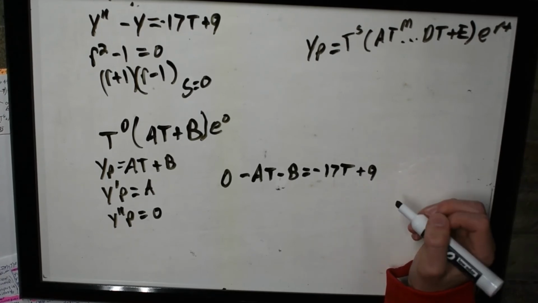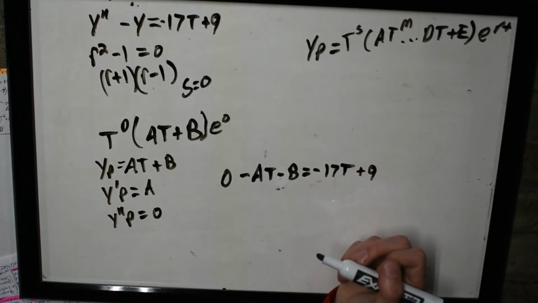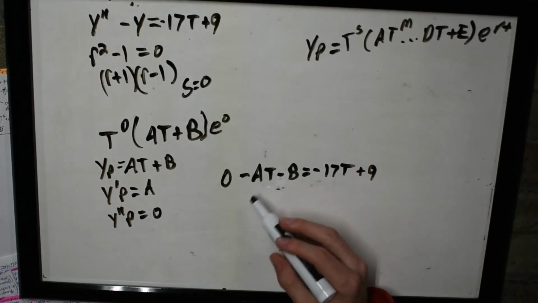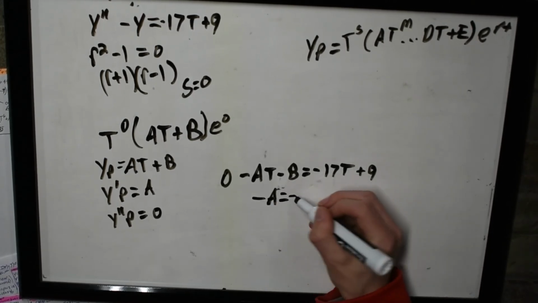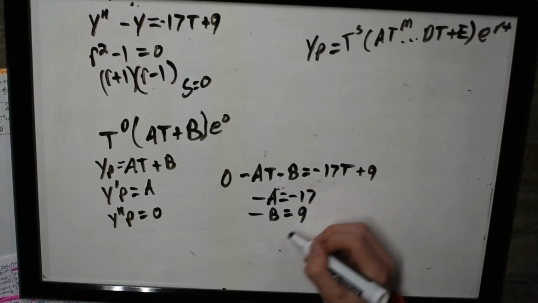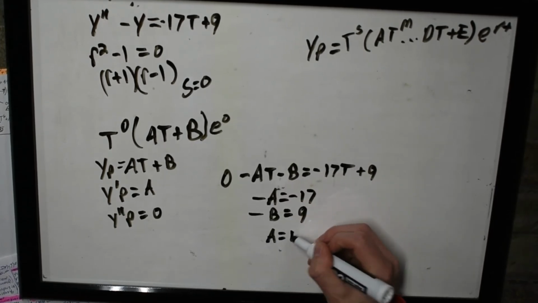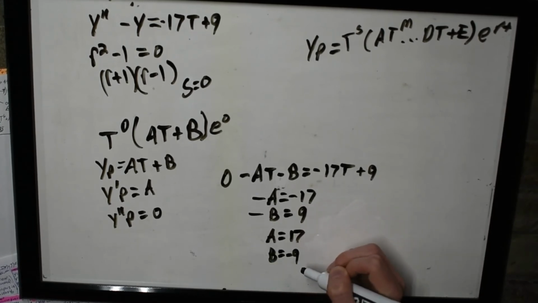And now we have to solve for a and b. Well, we can do this by grouping the t terms. So we have negative a is equal to negative 17, and negative b is equal to 9, and we get a is equal to 17, and b is equal to negative 9.